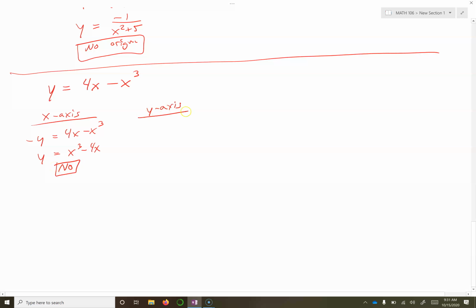Let's try y-axis. So now we're going to plug in negative x values and simplify. We get negative 4x, and negative x cubed is negative x cubed, but we're subtracting it, so it's plus x cubed. That is also not the same, so we do not have y-axis symmetry.